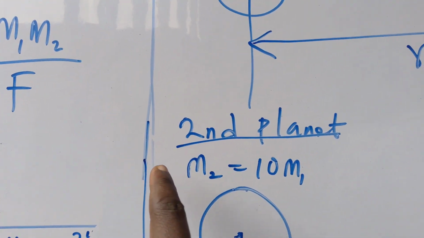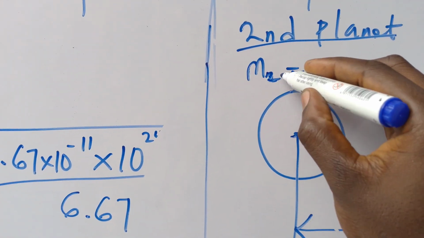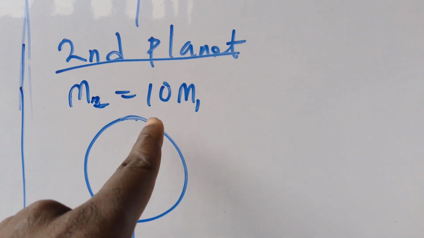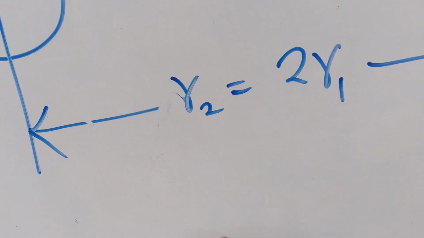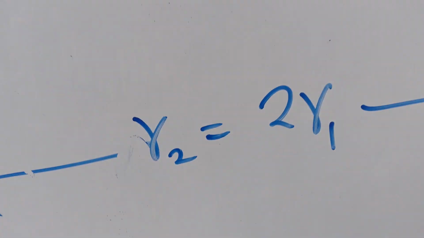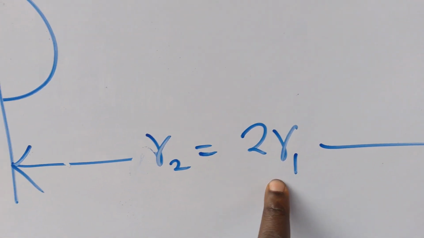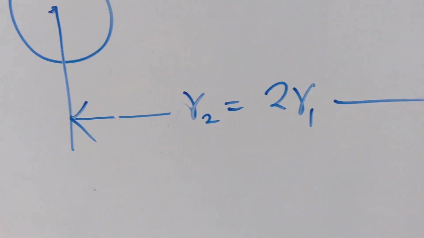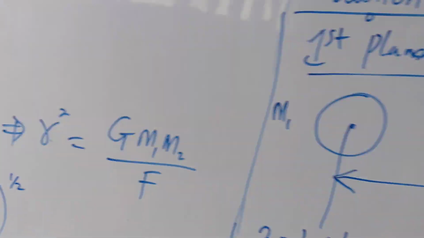The mass of the second planet is 10 times the mass of the first planet, and the distance of the second planet from the sun is 2 times the distance of the first planet, r1, from the sun. Alright, so take note of that.